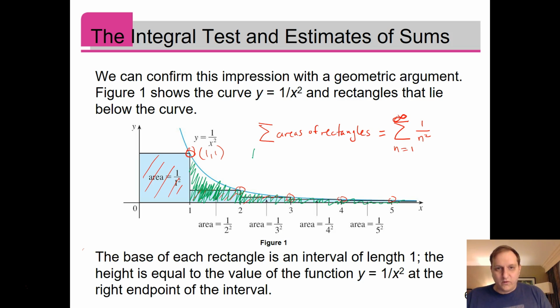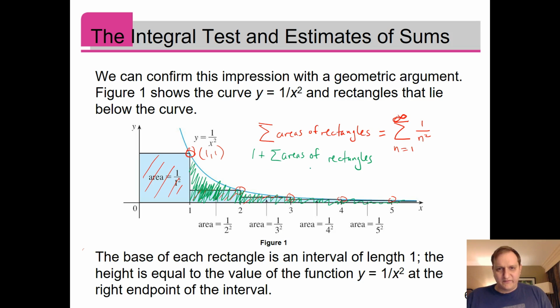So I'm going to say that 1 plus the sum of the areas of the rectangles, because I took out the first rectangle. But we can see that if we did the integral, there's some extra area that the integral is going to capture that the other piece did not.